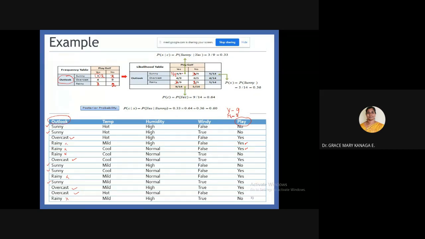So now tell me, how to calculate this probability of X given C, that is probability of sunny given yes? What is the probability? That is equal to 2 by 9. Calculate the value and tell me.